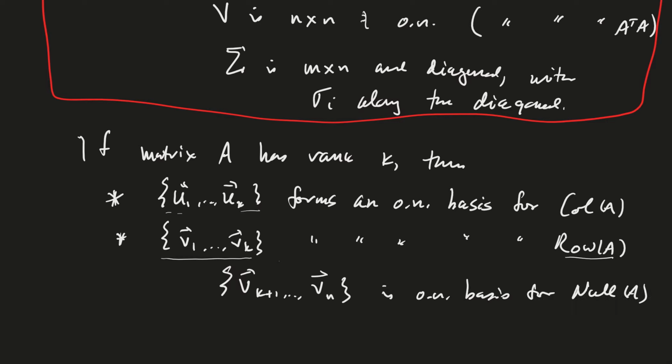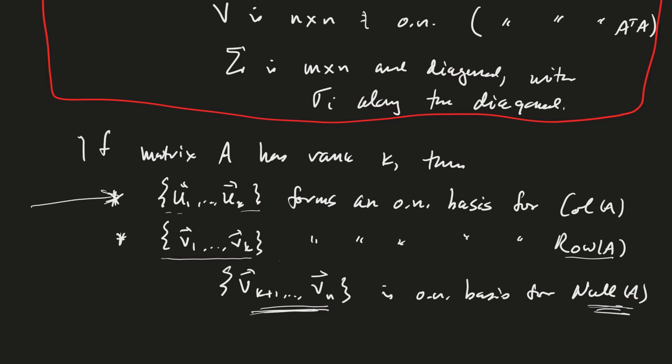Is the null space important when you're solving Ax equal b? Oh yes, it's very important. Because you need a basis for the null space when you're solving Ax equal b, because it comes into play when you have an infinite number of solutions. So if the null space is anything but just the zero vector, you're going to have an infinite number of solutions, and you can describe those solutions in full if you have a basis for the null space of A. Good. And of course, a basis for the column space is very important too.